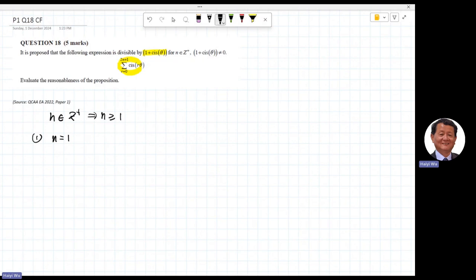So let's do that. When n equals 1, r is the index going from 0 to 3, so the sum of cis r theta means we start from 0: cis 0 plus cis theta plus cis 2 theta plus cis 3 theta, because it's a sum.